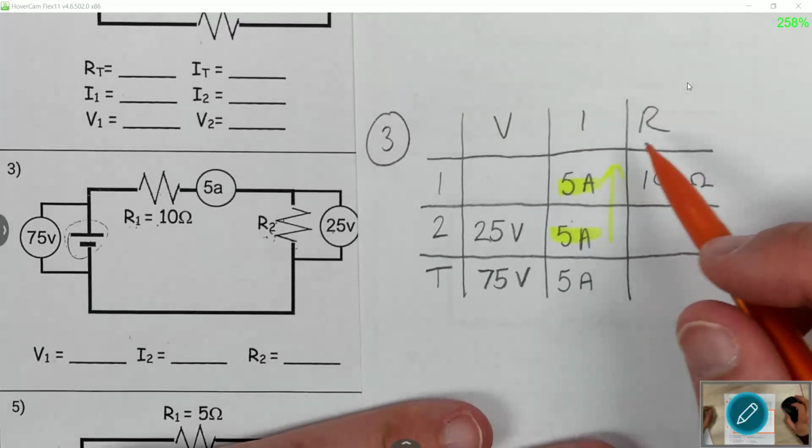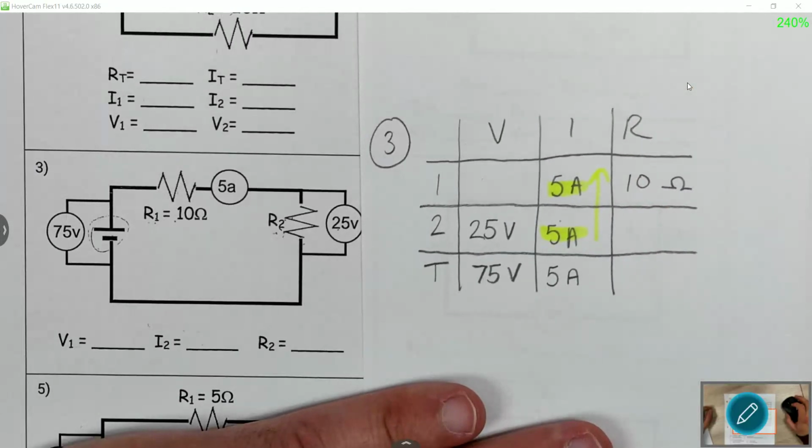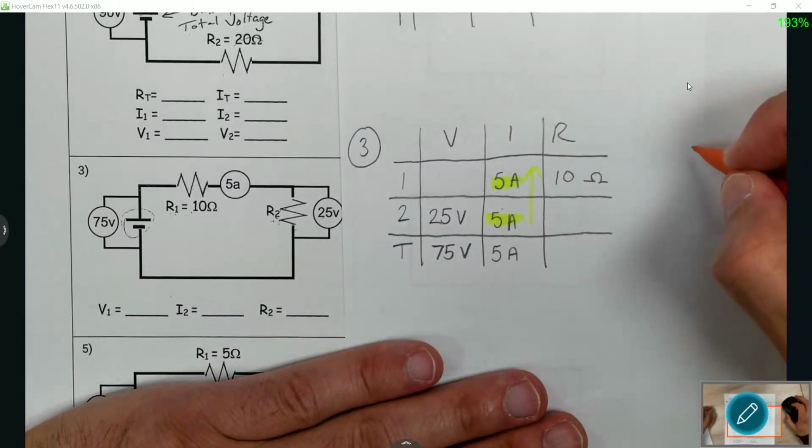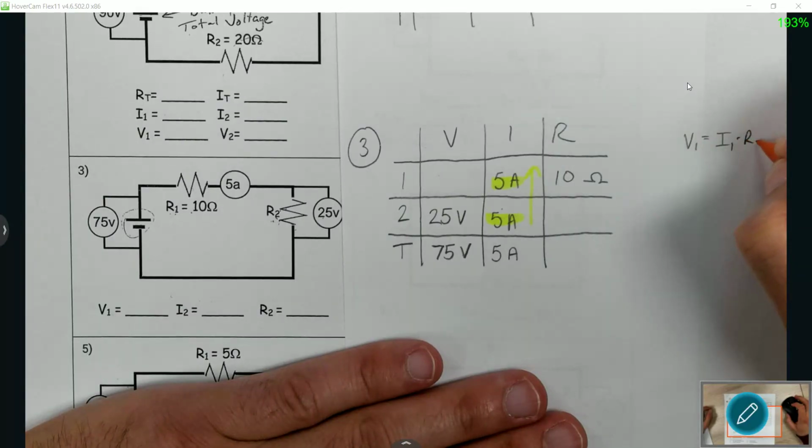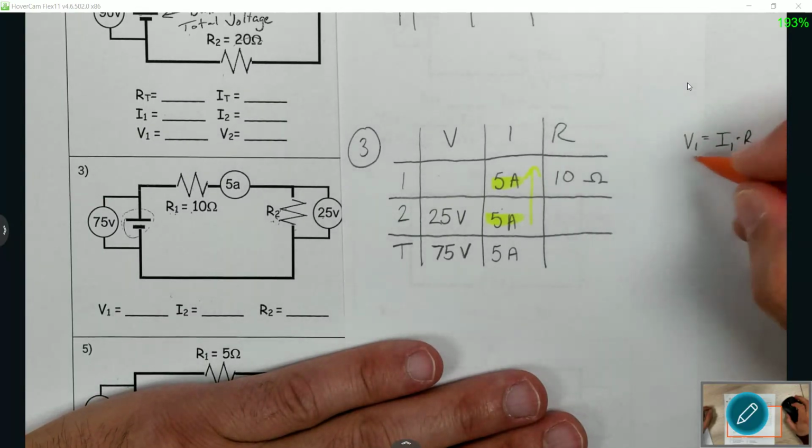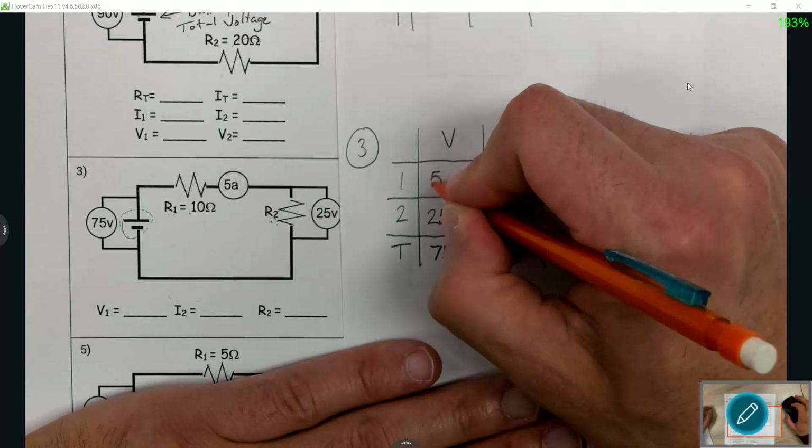That's simple. Or we can do it this way, where V1 is equal to I1 times R1. So we could show that the current is 5, the resistance is 10, and if we multiply that out, that is 50 volts.